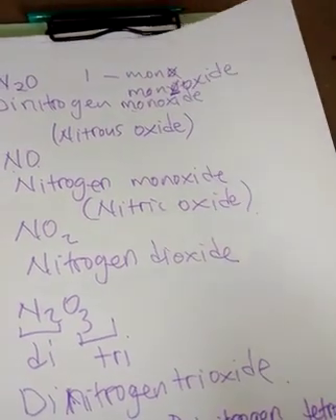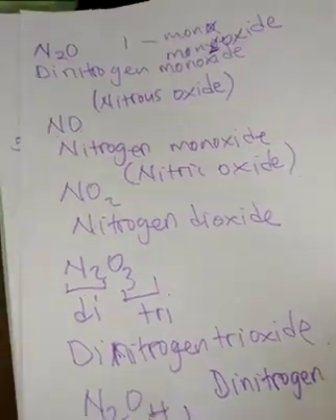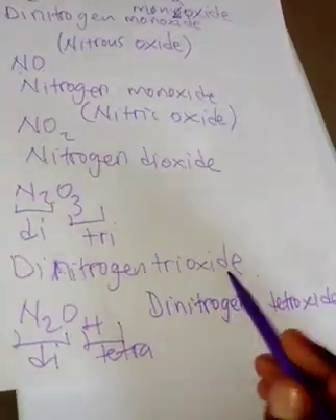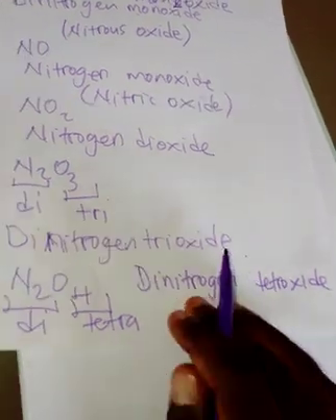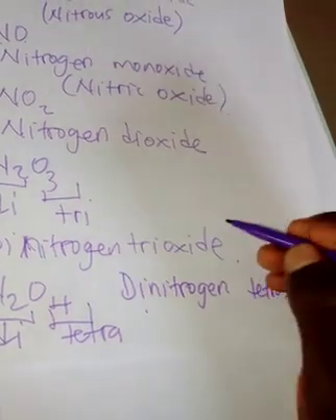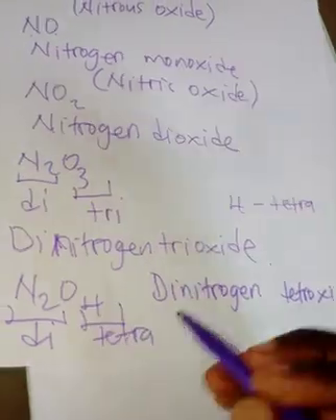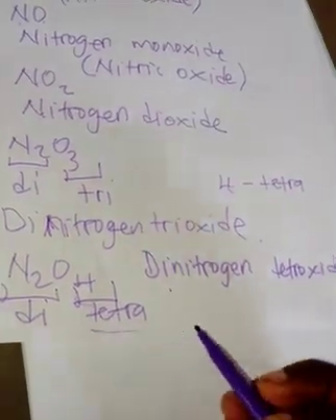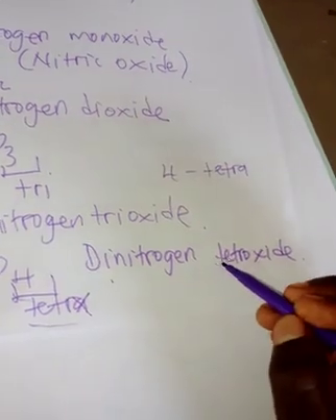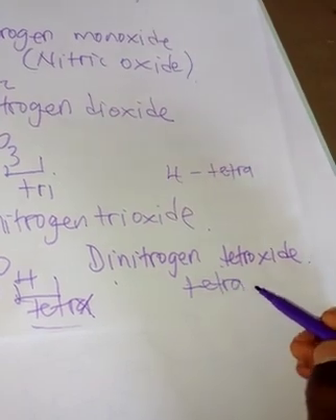That's what we do. Then even for that one, tetroxide, it's this one, dinitrogen tetroxide. We know that 4 is tetra. Then on this side, the final A was dropped. We simply said tetroxide instead of saying tetra oxide.